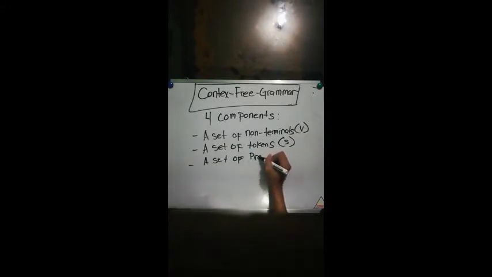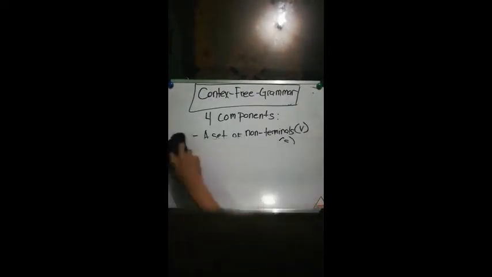The symbol is letter P. The productions of a grammar specify the manner in which the terminals and non-terminals can be combined to form strings. Each production consists of a non-terminal called the left side of the production. Next, one of the non-terminals is designated as the start symbol, from where the production begins.